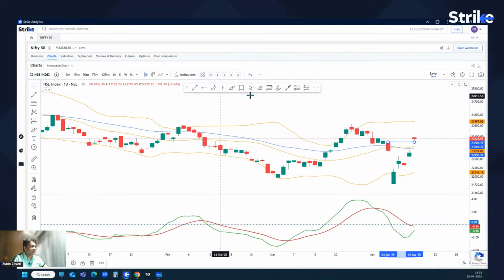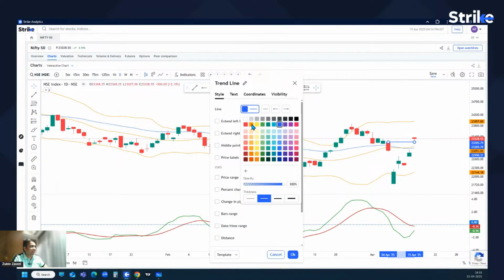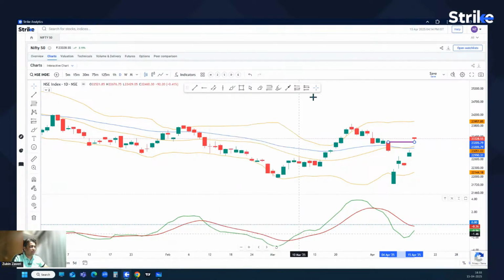All right, I'll just change this color so that you can see it nicely. Let me keep it as some pink. And okay, and yeah, this line down. So these 4 days over here, gap down, and then recovery.